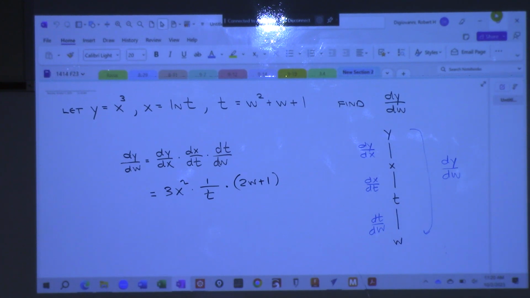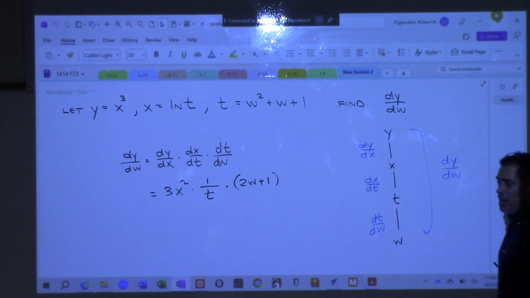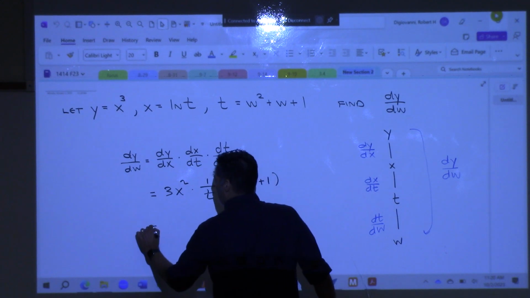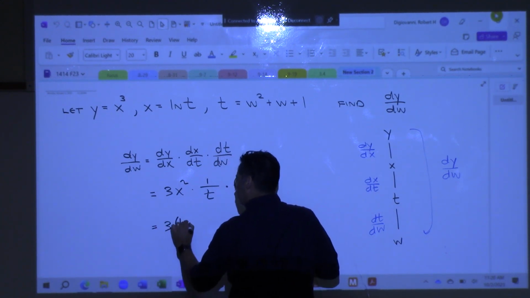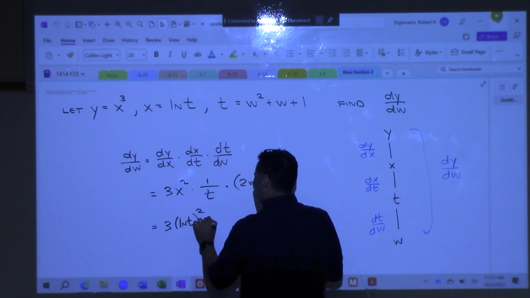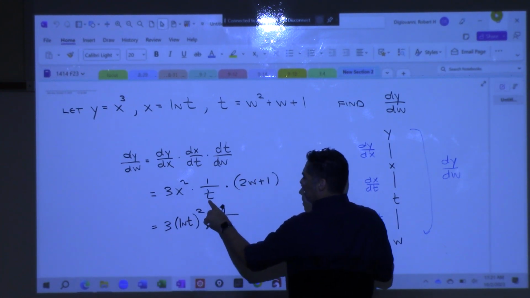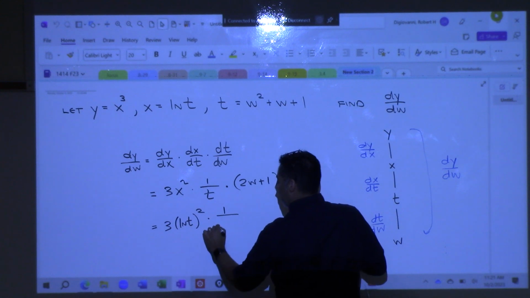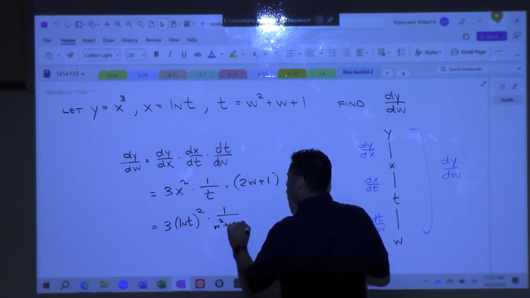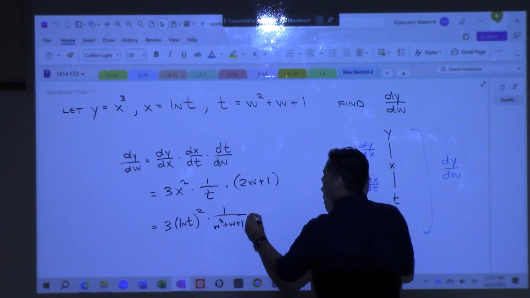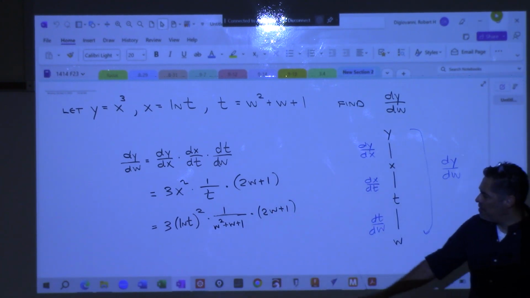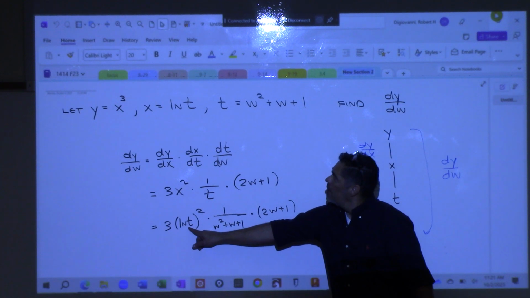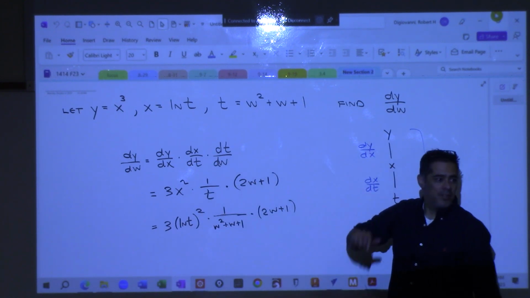Okay, now I need all of that in terms of what? w. So let me start with this. What can I replace x with? Natural log of t, so natural log t squared times 1 over, what's t? w squared plus w plus 1. And then times, I still have the 2w plus 1. Almost there. I need to replace this t with w squared plus w plus 1.